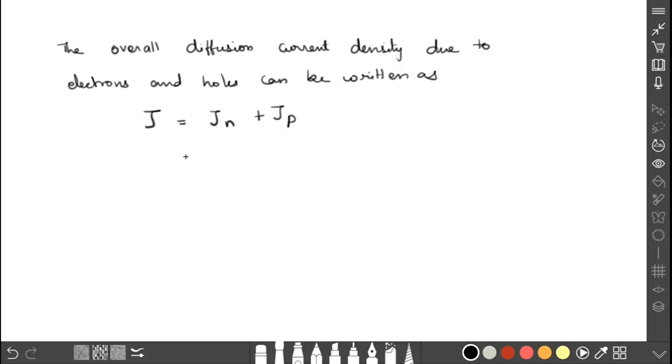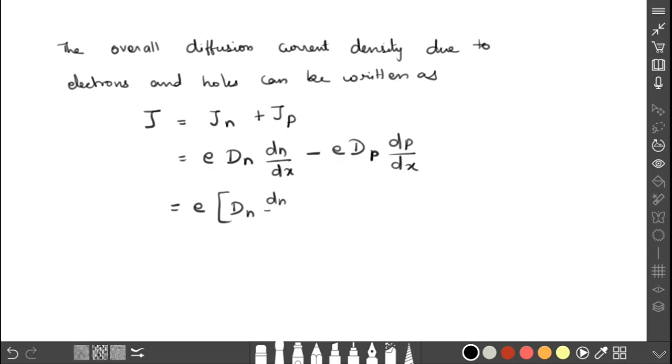Here Jn is nothing but E Dn dn by dx minus E Dp dp by dx. Here the common term is only E, I take outside. So it will be E times Dn into dn by dx minus Dp into dp by dx. So this is the overall diffusion current density.